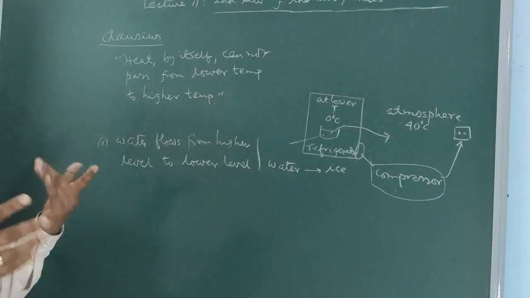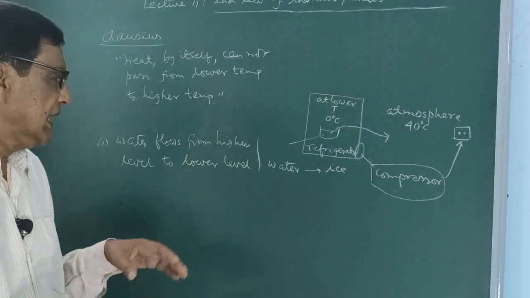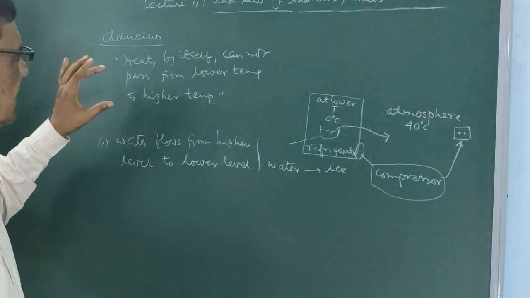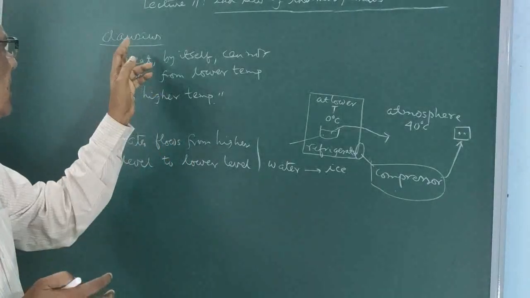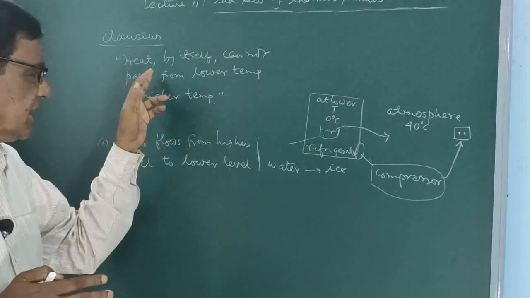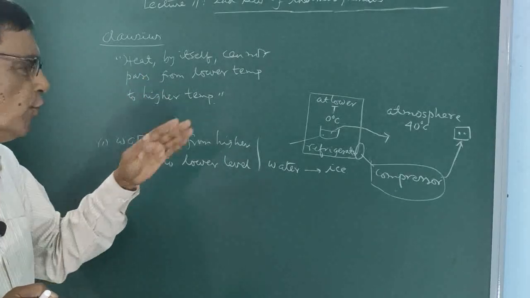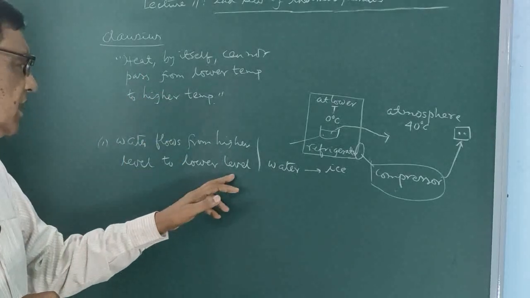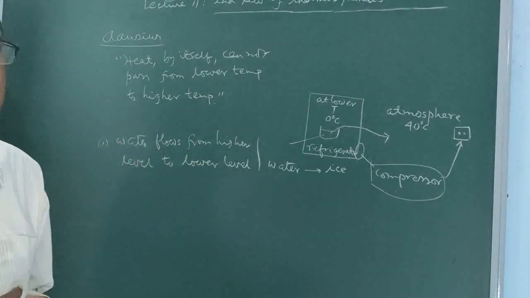This process occurs spontaneously, and this process we can also write in the form of Clausius. Water by itself cannot flow from this lower level to this higher level.